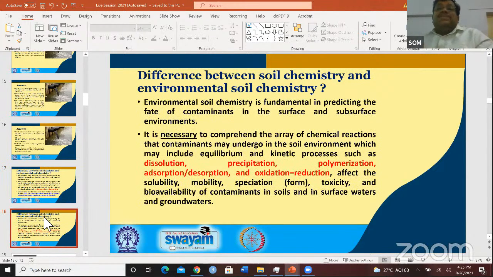Now, environmental soil chemistry is fundamental in predicting the fate of contaminants in the surface and subsurface environment.